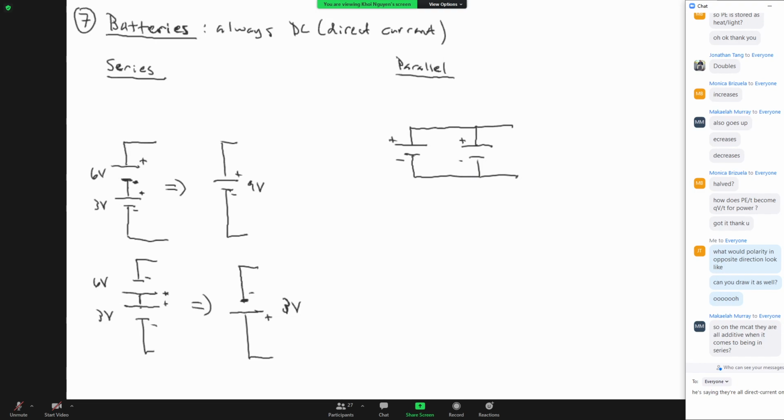No. Direct current just means the current that's being pushed out, right? So imagine if you had this case, the 6-volt battery is going to push current out with a certain amount of force, and the 3-volt battery is going to push current out with a certain amount of force. And it's the difference between the two that gives you the overall current.